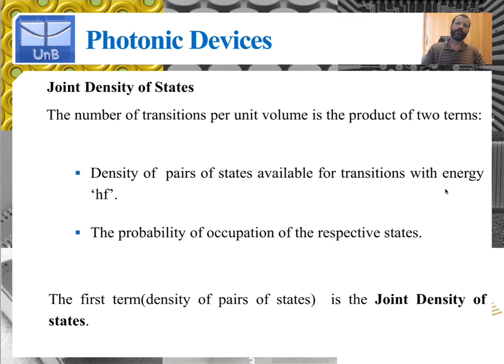Now, if there are a lot of empty states up in the conduction band and filled states in the valence band, there will not be a lot of emissions. So you need a large probability of occupation of electrons in the conduction band and holes in the valence band associated with the pairs of states that you're interested in. So the probability of occupation will also play a role, but the joint density of states also needs to be taken into account.